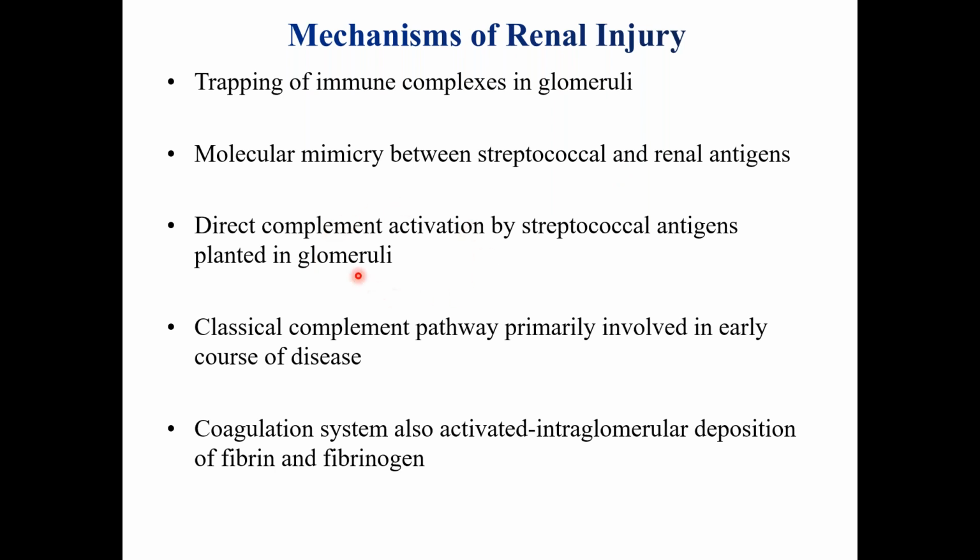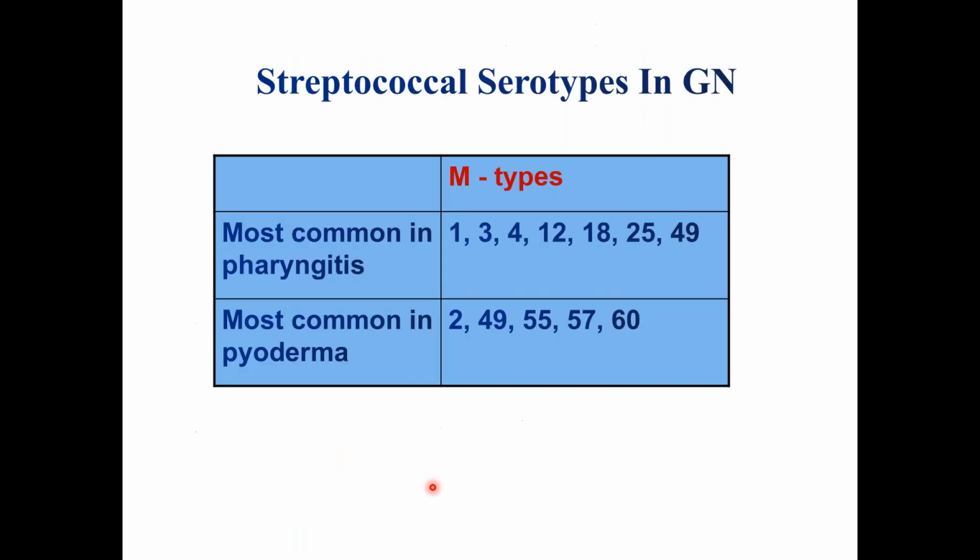There is also direct complement activation by streptococcal antigens planted in the glomeruli, which removes complement from the blood into the kidney. That is why the complement levels of C3 and C4 are reduced in patients with acute glomerulonephritis. Looking at the biopsy features, intraglomerular deposition of fibrin and fibrinogen also appears to have a role in causation of the disease.